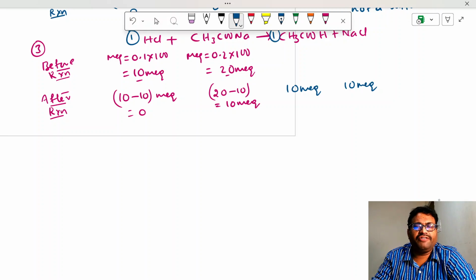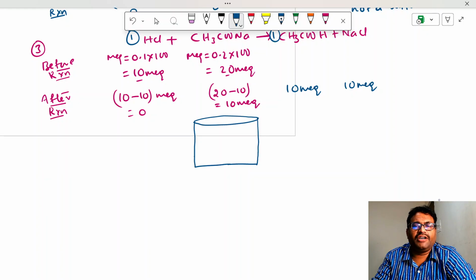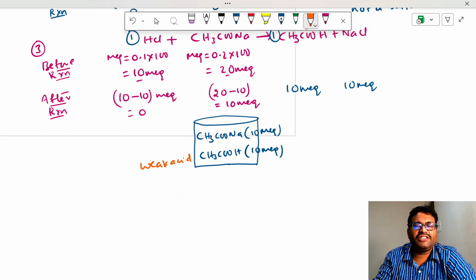In the container, what you find is CH3COONa, 10 milli equivalents, and CH3COOH, also 10 milli equivalents. So what are these two? CH3COOH is a weak acid, and CH3COONa is a salt of a weak acid and a strong base.